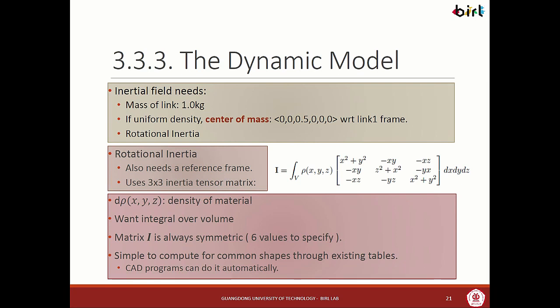Let me check. This is a symmetric matrix. Normally you have these 9 values, but as long as you have the upper triangle, it's enough to fulfill everything else because of the symmetry of the matrix. I need to check this detail here. It looks different. But if it's a symmetric matrix, you don't need all the values because you can fill the other side of the triangle.